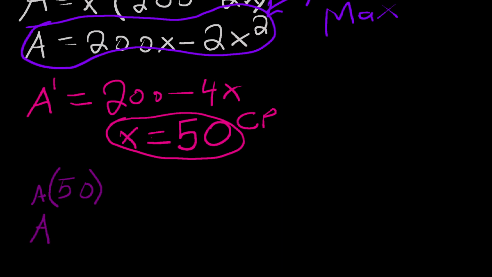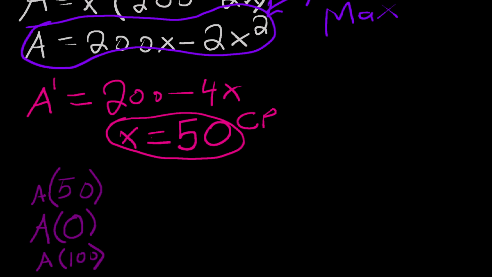Now, the endpoints you don't always have to plug in, but in this case you sometimes do. Remember, this represents x, so the smallest x could be is 0, and the biggest x can be is 100.